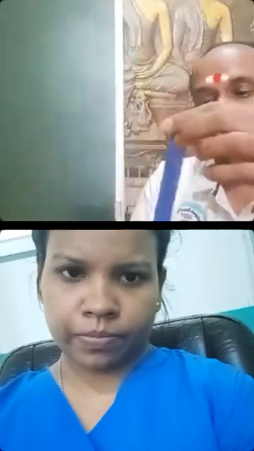I have told you that the piriformis is from the sacrum to the hip. Imagine that I create the piriformis between these two fingers, the little finger and the thumb. So this is the piriformis muscle, and the innominate is like this.